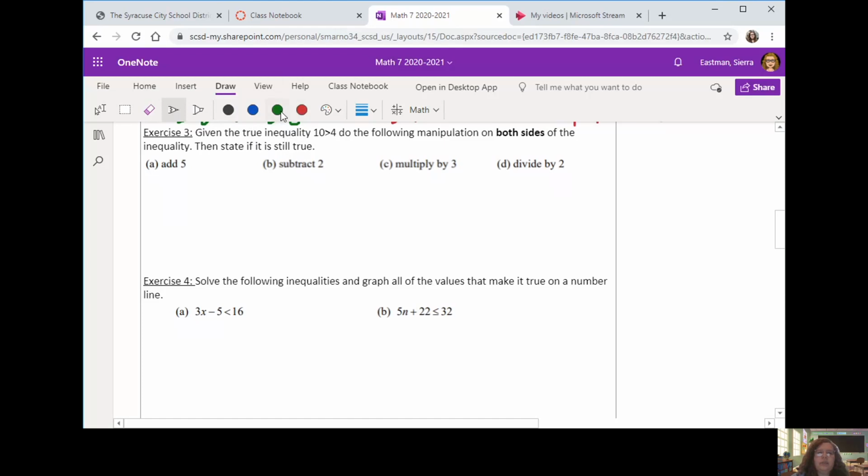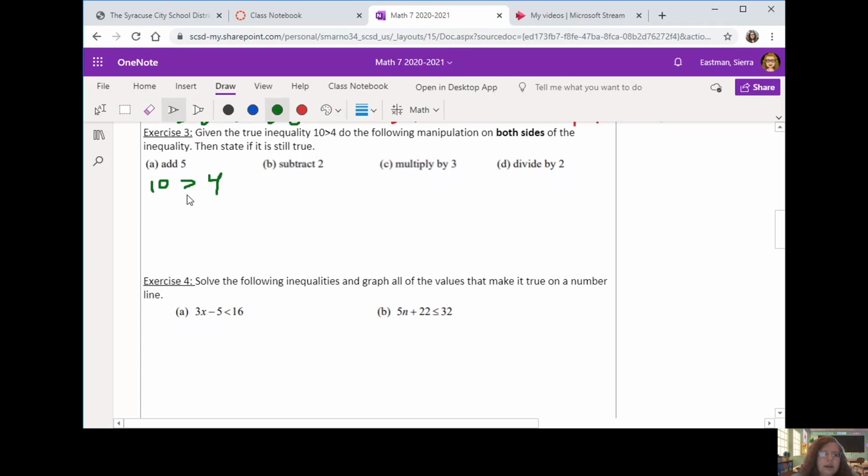Before we do that, we have to make sure that the same rules that we use for equations will also work for inequalities. Remember how I said they're very, very similar? We're just going to test that out. They gave me the inequality 10 greater than 4. That's what they wrote in this question here. And they said they want us to do each of these things on both sides of the inequality.